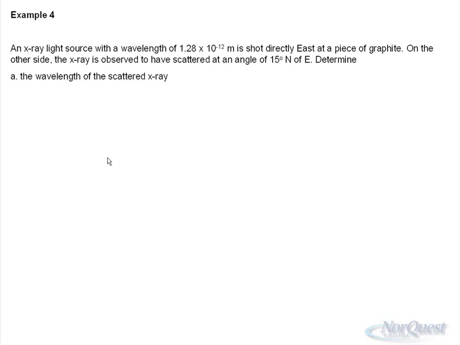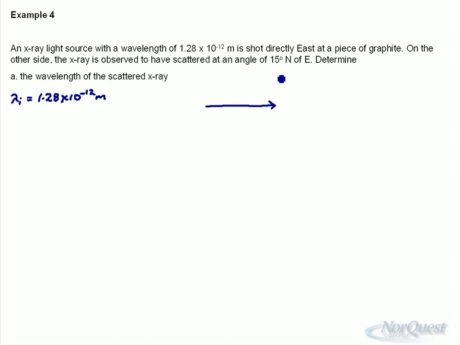So we have an X-ray source with an initial wavelength of 1.28 times 10 to the negative 12 meters, shot directly east at a piece of granite. I'm just going to use vectors to draw this. I know it's a wave type picture.